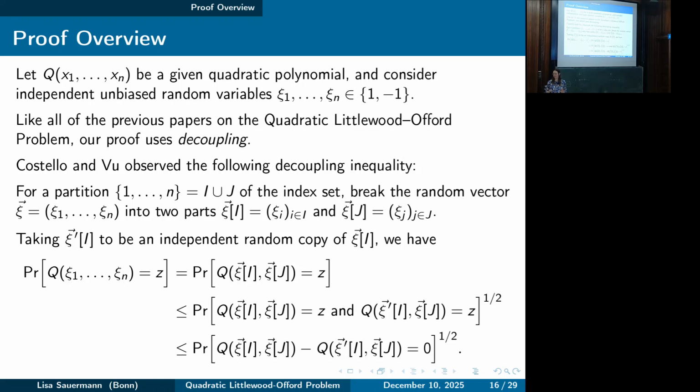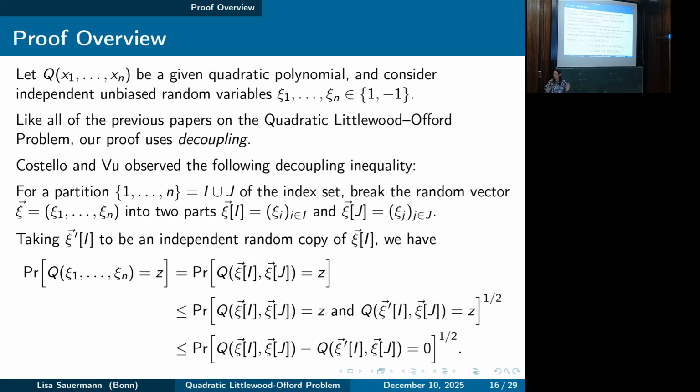I don't want to do the calculation here, but you can probably believe me that if one sits down and calculates for 10 minutes on half a page at most, more like 2 or 3 lines, then one gets this. So just by the Cauchy-Schwarz inequality or arithmetic quadratic mean, we can bound the probability we're interested in by the square root of the probability that both of these things happen.